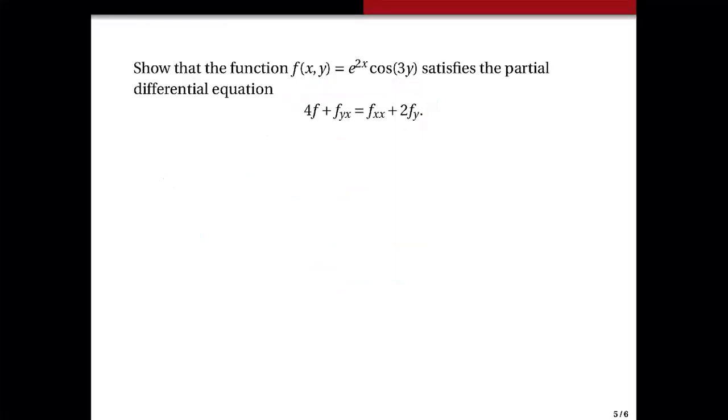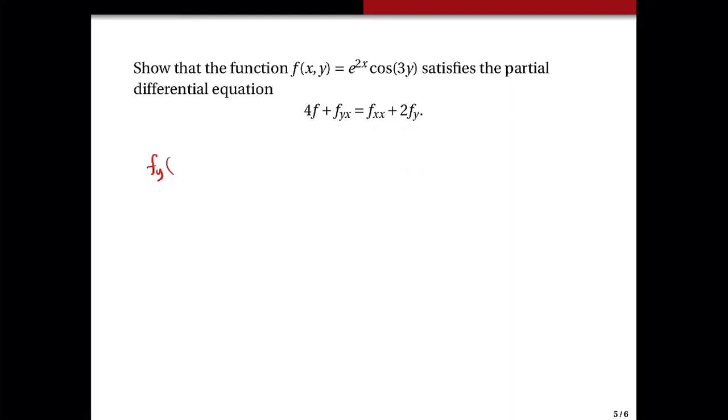So all we need to do is substitute the function f there. We need to get f sub yx, f sub xx, and f sub y. Okay? So let's start with f sub y.